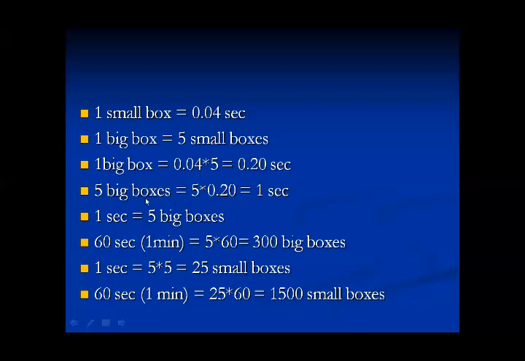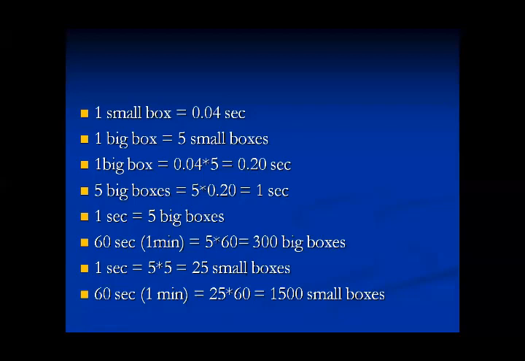One big box gave us 0.2 seconds, so we multiply 0.2 by 5, and 5 big boxes represent 1 second.